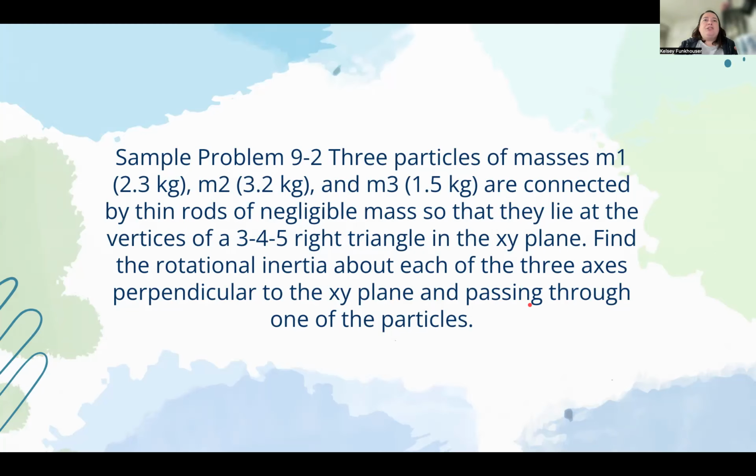Find the rotational inertia about each of the 3 axes perpendicular to the XY plane passing through one of the particles. I'll go back through this when you can see the problem itself, or the figure. So yeah, let's work on this one.